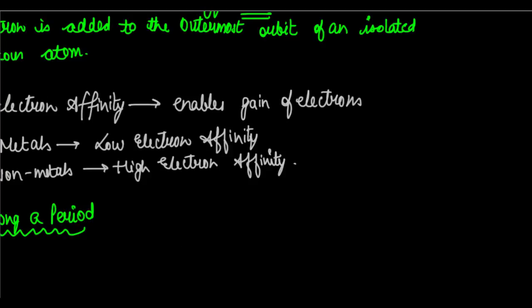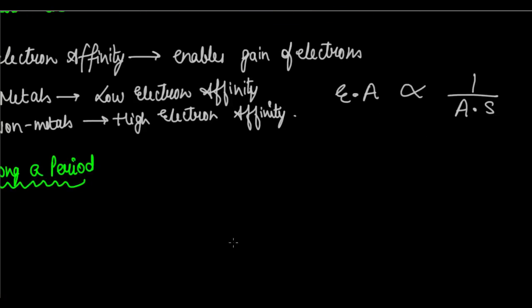Just as we discussed ionization energy and effective nuclear charge, in the same way, your electron affinity is inversely proportional to atomic size. So if you have a low atomic size, you have a high electron affinity. And if you have a high electron affinity, you have a low atomic size. And if you have a high atomic size, then you have a low electron affinity. Right? So let's try to understand that now.